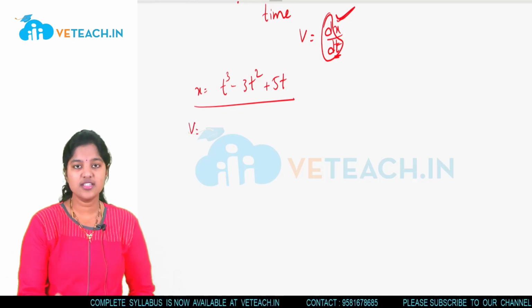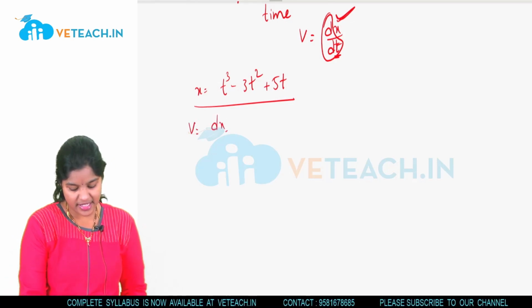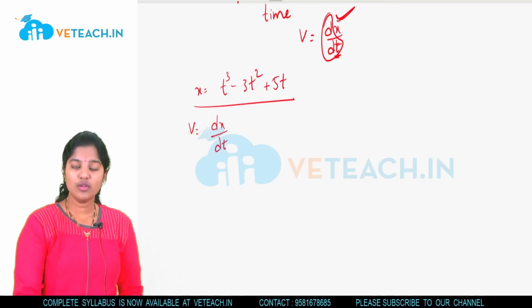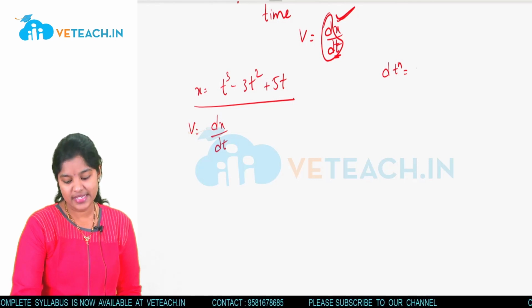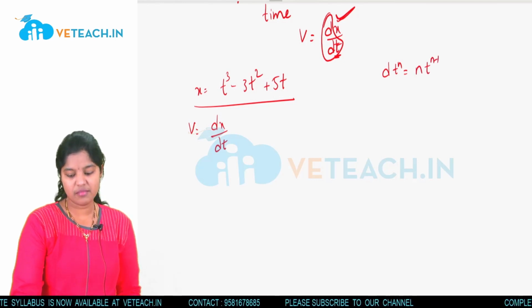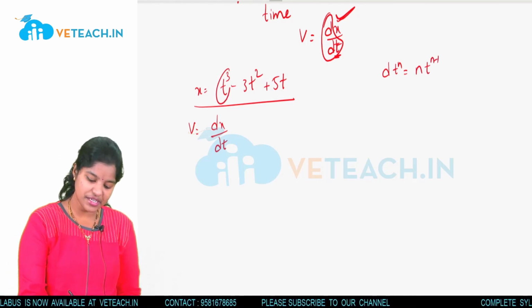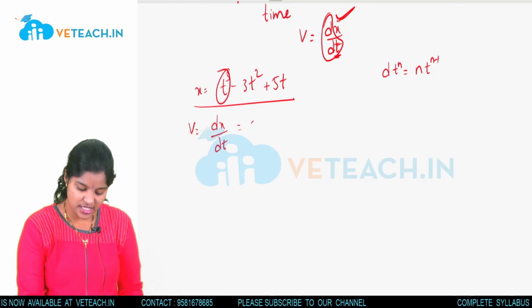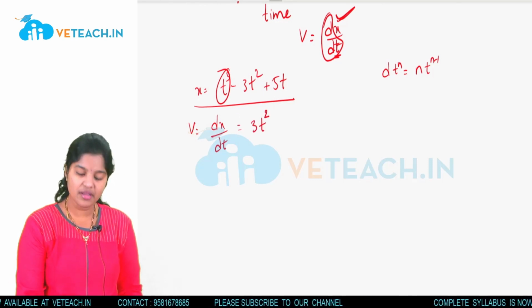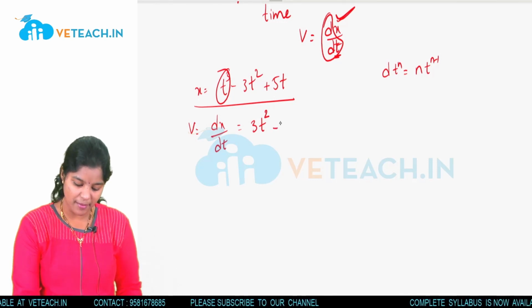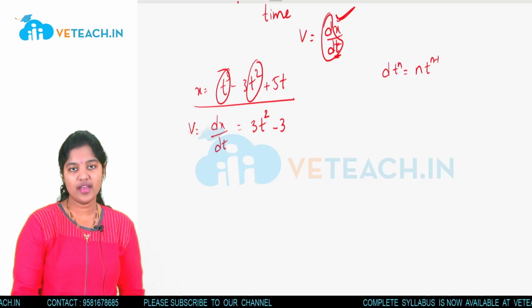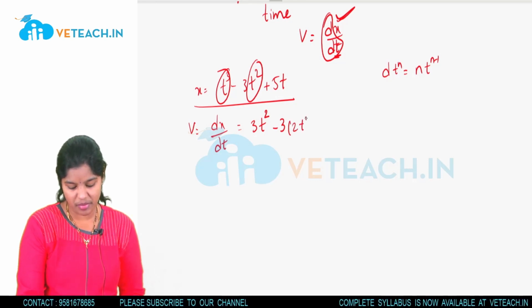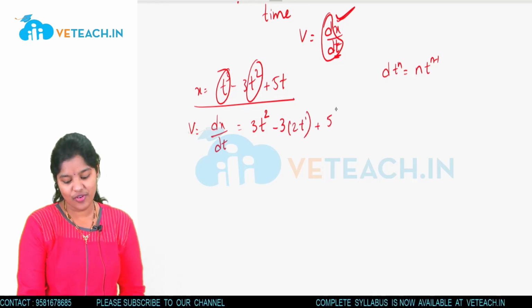That is, velocity is equal to dx by dt. We know the formula: differentiation of t power n is always equal to n times t power n minus 1. So for t cube, it becomes 3t power 3 minus 1, that is 3t square. For minus 3t square, it becomes minus 3 times 2t power 1, that is minus 6t, and 5t becomes plus 5.